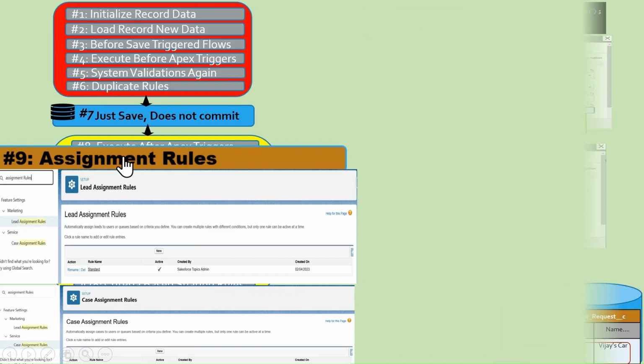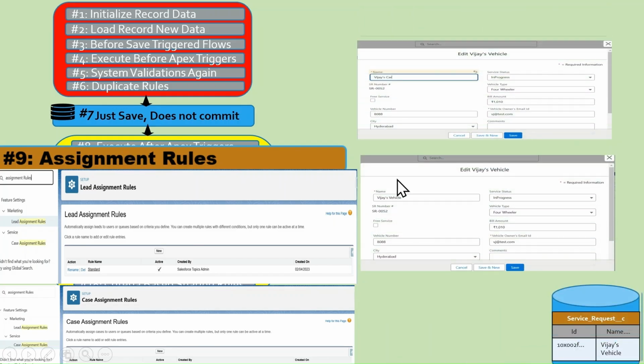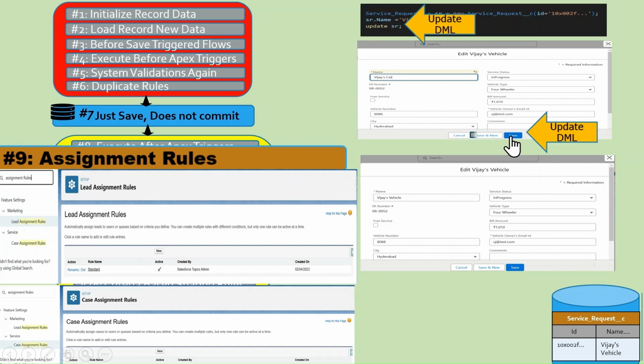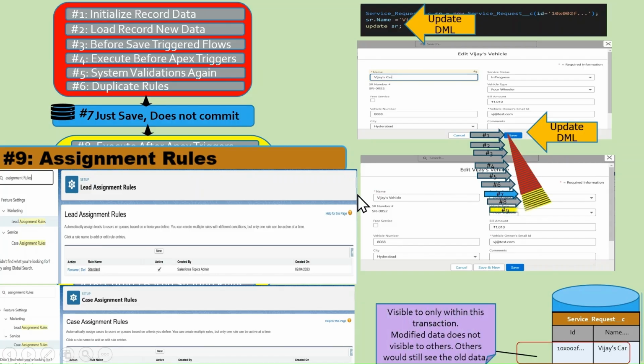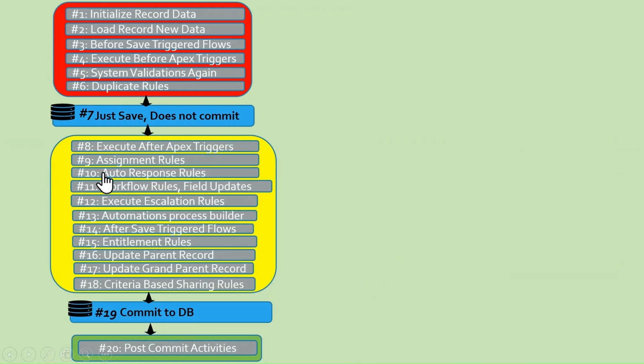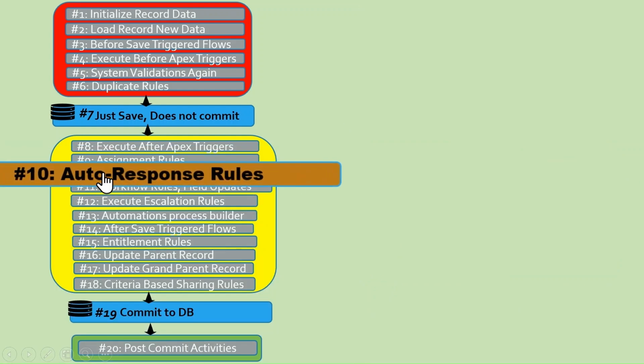Similarly, for the update DML also, it will try to see whether assignment rules exist or not as part of this step 9, and if it identifies assignment rules, it executes that assignment rule. Otherwise, it will just skip to the next step, that is step number 10, auto response rules.